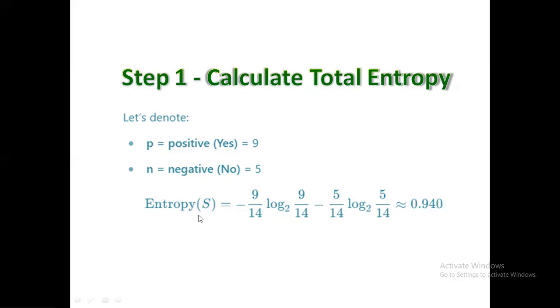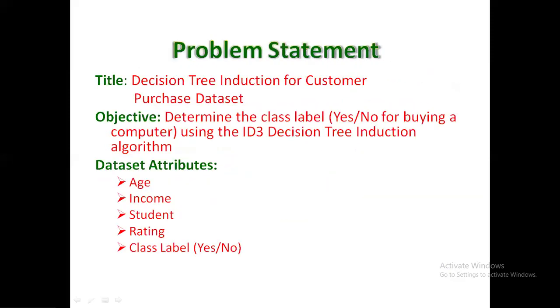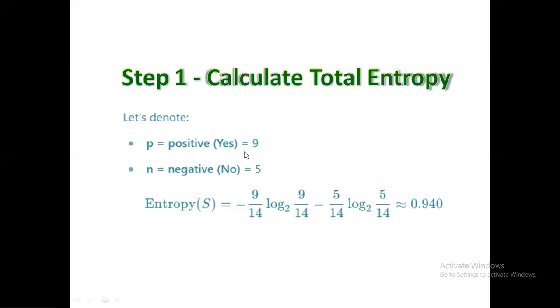And here, this is the formula for entropy. In this problem, we have positive meaning yes and negative meaning no. There are 9 yeses in the table and 5 nos, so 9 plus 5 is equal to 14.